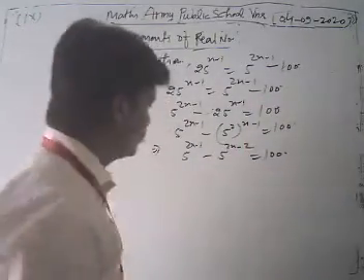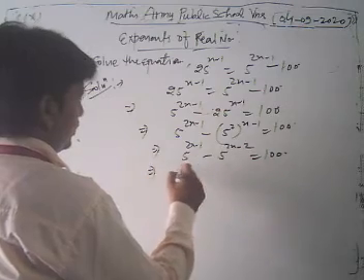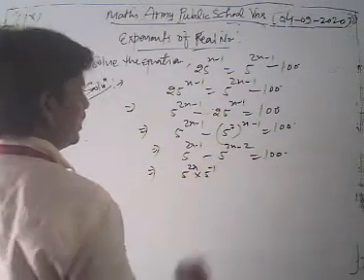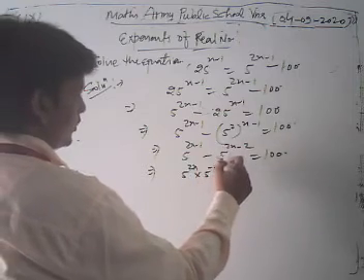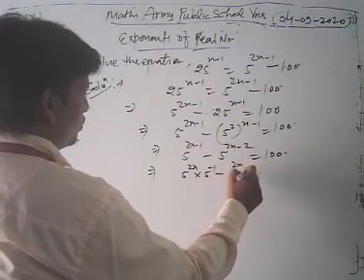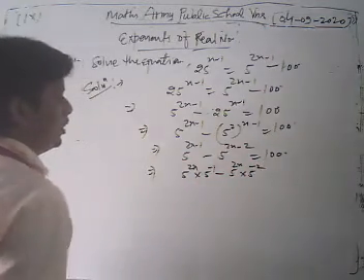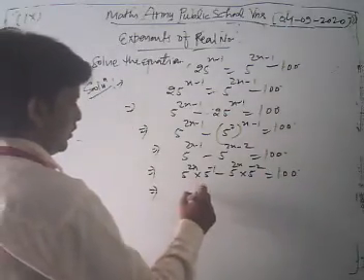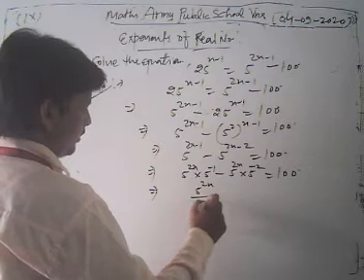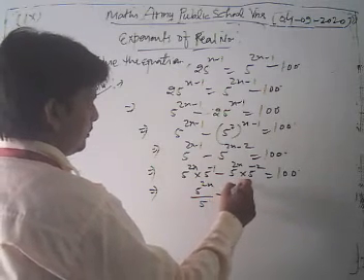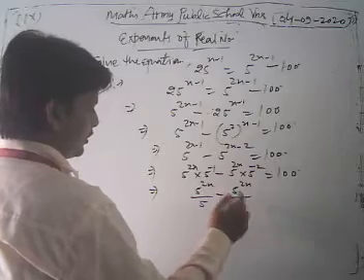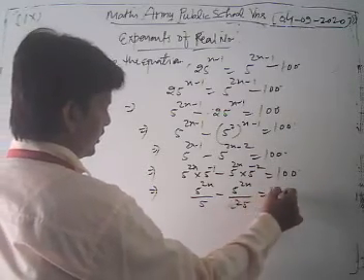Now dear students, what I do? We can write 5 to the power 2x into 5 to the power minus 1, splitting the powers, minus 5 to the power 2x into 5 to the power minus 2, and equal to 100. Now we can write 5 to the power 2x upon 5 minus 5 to the power 2x upon 5 square, 5 square means 25, is equal to 100.